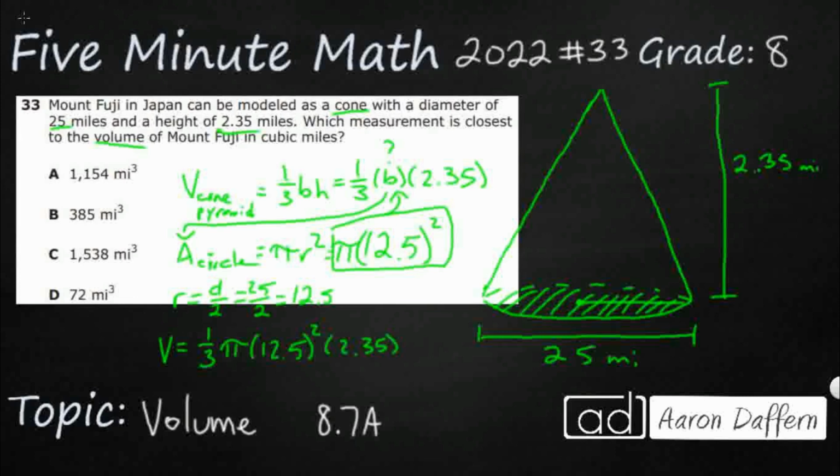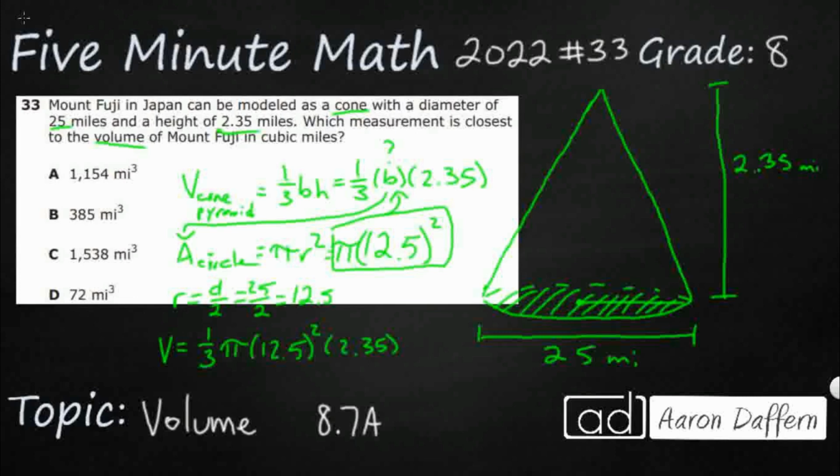This is why we, as 8th graders, have access to calculators. So let's pull out our calculators and we'll just kind of go side by side. I'm just going to do pi and divide that by 3. Pi divided by 3 is the same as 1/3 pi.